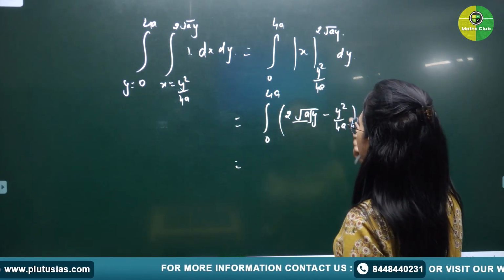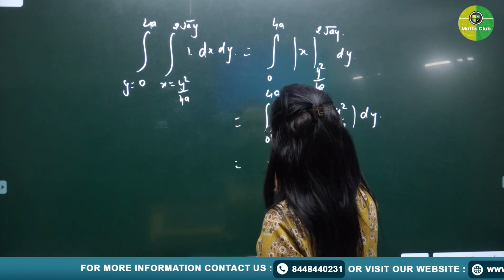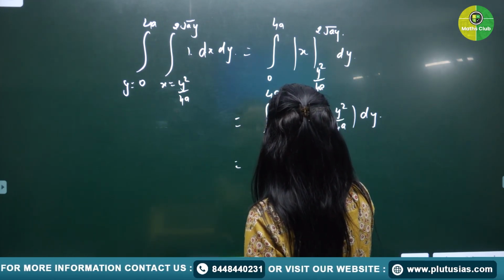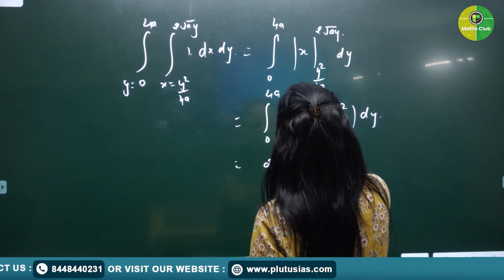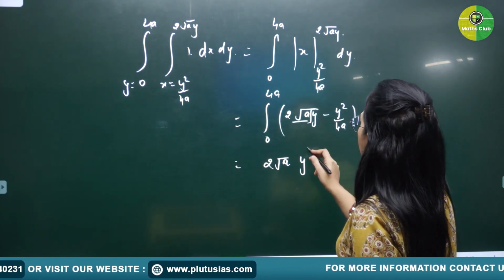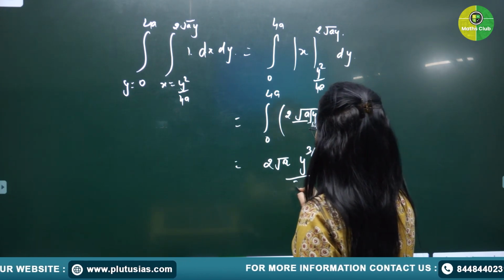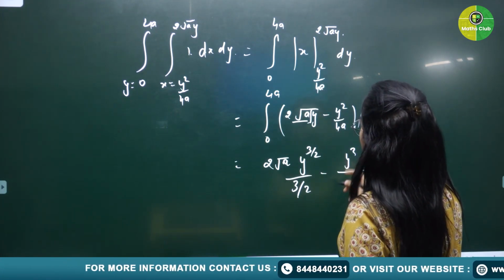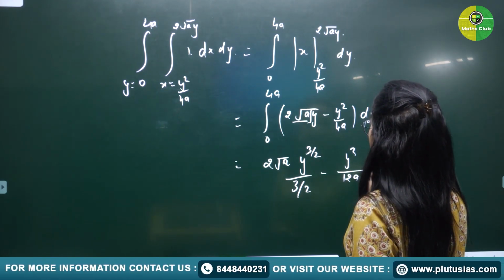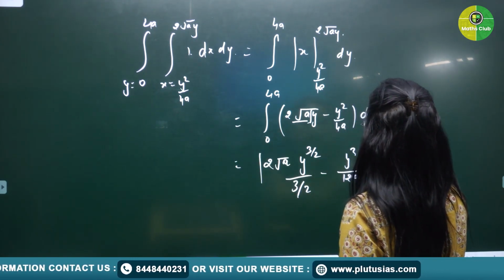So how would you integrate? This is y raised to the power half, adding 1 to the power and then dividing by the same. So we already have half power and it would be 3 by 2, divided by 3 by 2, minus this would be y cube by 3 into 4, that is 12a, and the limit is 0 to 4a.